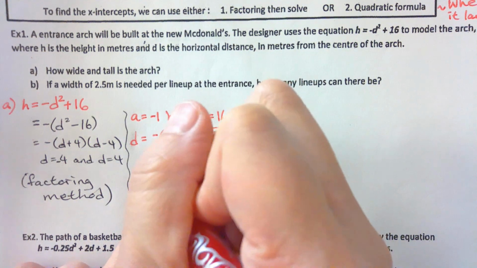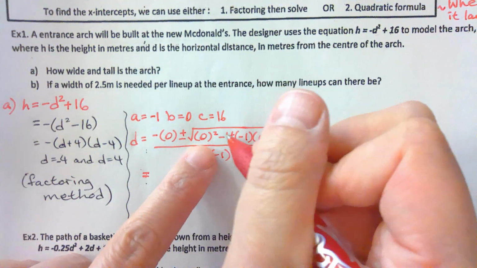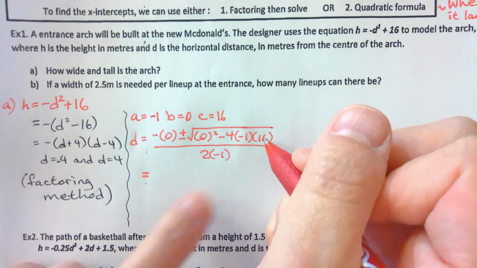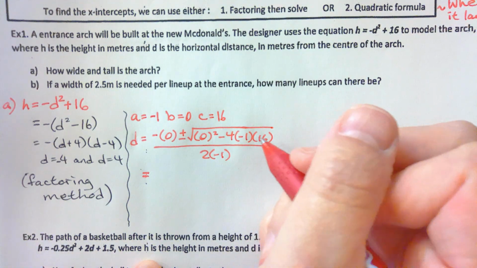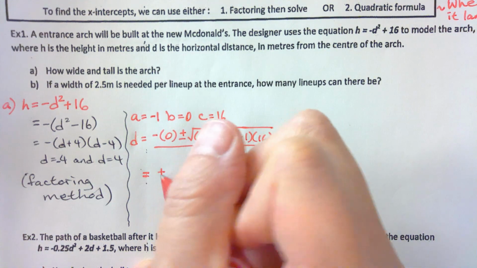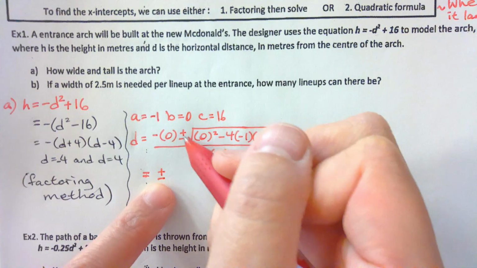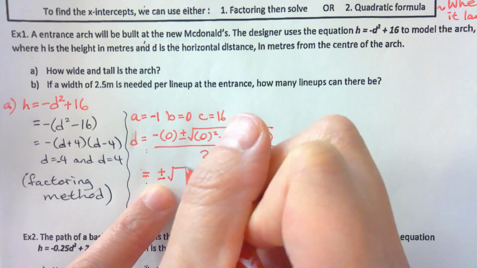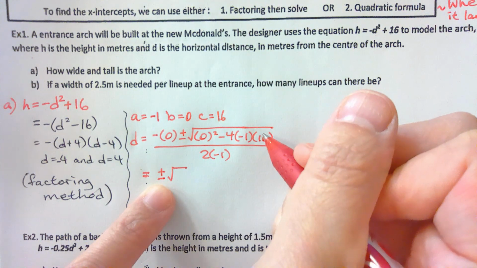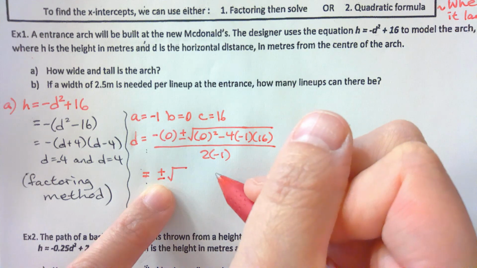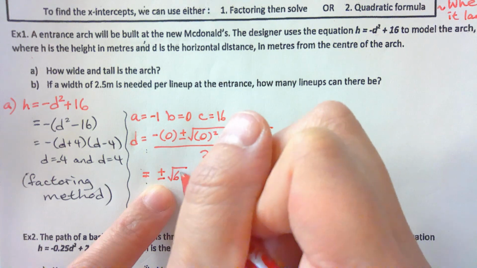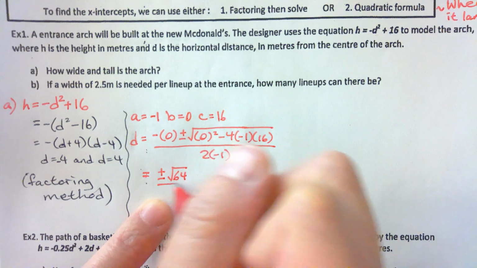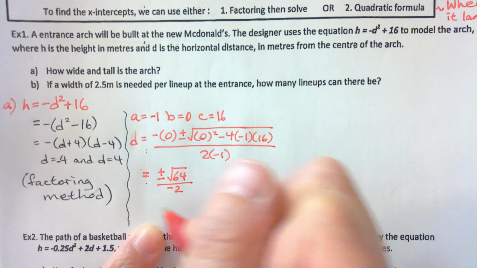Negative 0, that's gone. That's just 0. And then 0, so this is square root plus or minus. So it's still 0 plus or minus square root 16 times 4, which is 64. Thank you. Okay, over negative 2.